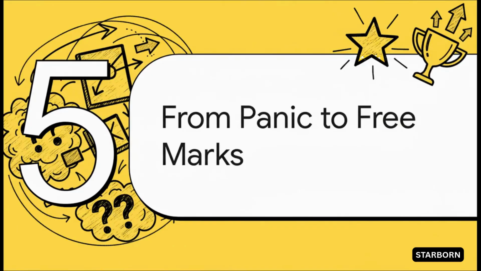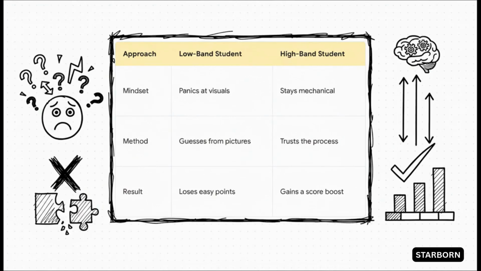So you see what's happening here? When you combine the rules, the method, and an awareness of the traps, you make this huge mental shift. This is how you go from seeing a diagram and panicking to seeing a diagram and thinking, oh, awesome, here come the free marks. And this table shows the huge difference in approach.